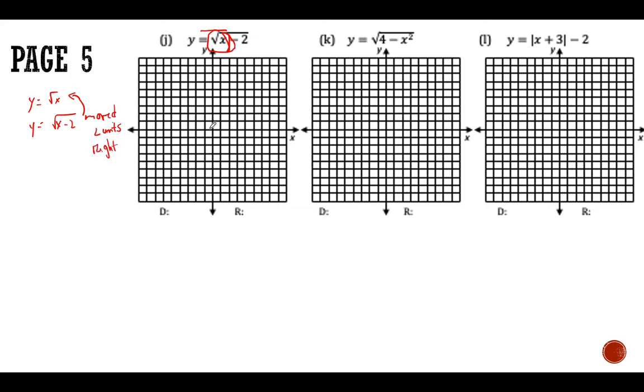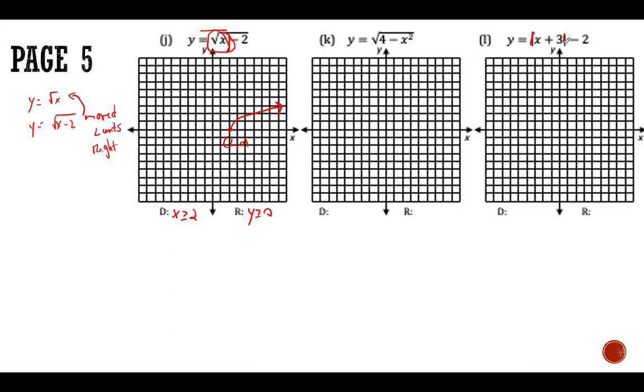So instead of having the starting point at 0, 0, it's moved over to 2, 0, and then is the top half of the parabola, sideways parabola. So the domain is going to start at 2 and go on forever, and the range is still always 0 or positive. I'm going to skip K for a minute, and I'm going to go to L.